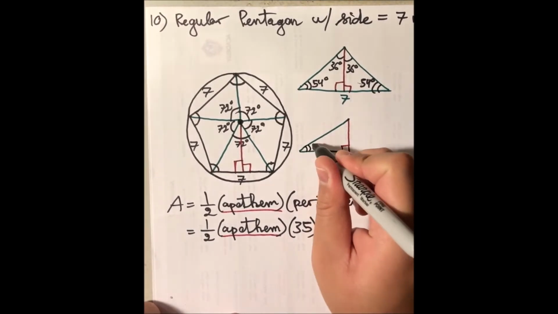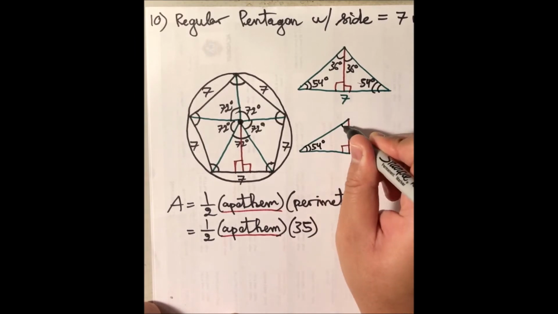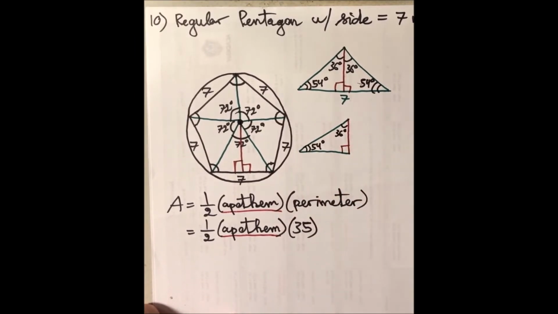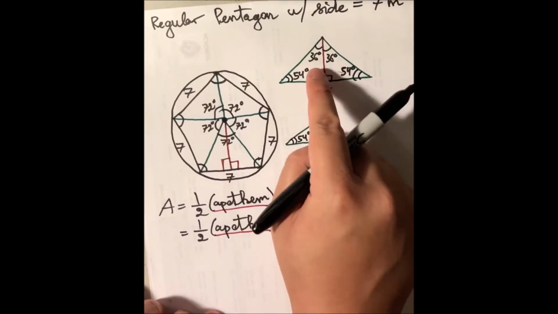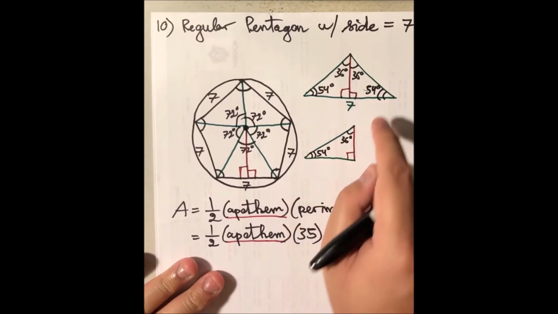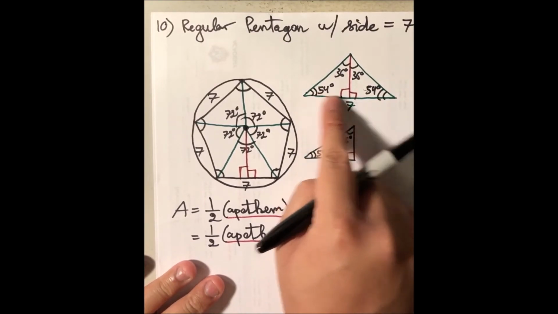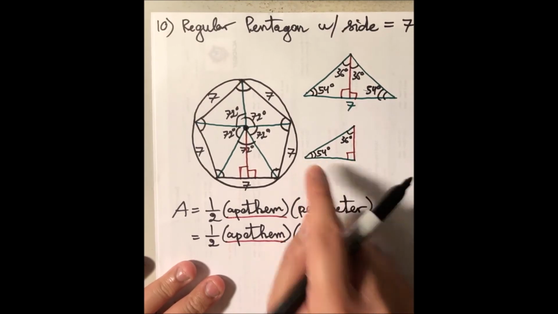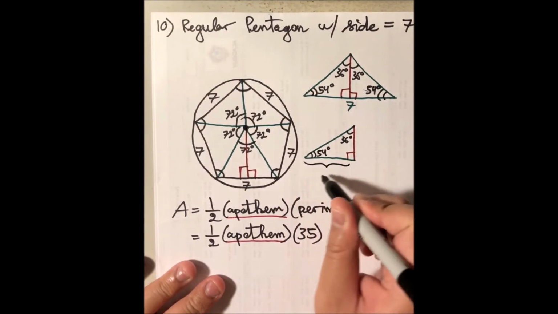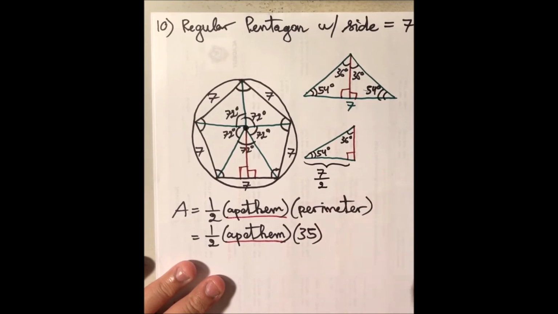This is 54. And this is 36. Now, remember that this entire base here is 7. But because we only pick 1/2 of this entire triangle, we technically only pick half of the entire base. So the entire base is here. This is only half of it. So this side right here is actually 7/2.